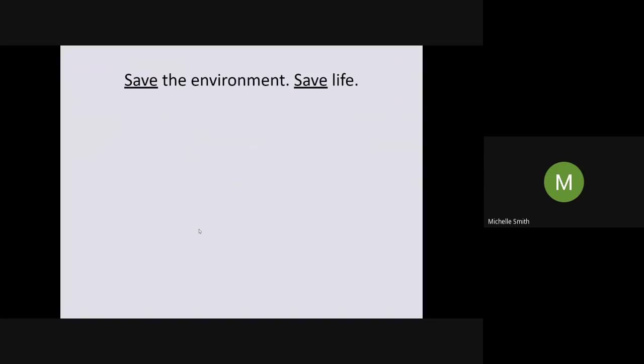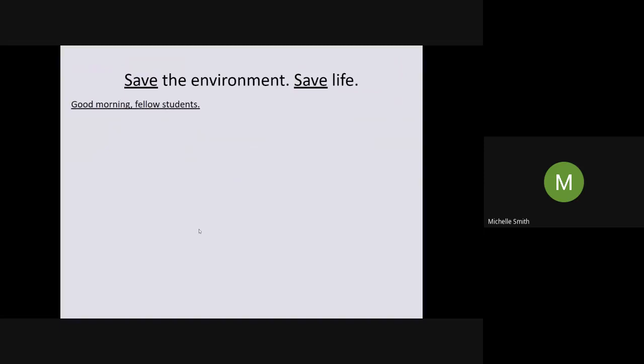And I think although his speech didn't have a title, I've got Save the Environment, Save Life. Hopefully you're thinking, oh, look, Michelle's used a rhetorical device there in the title of repetition, save and save. I'm trying to emphasize the idea that we can save each other here by saving the environment.